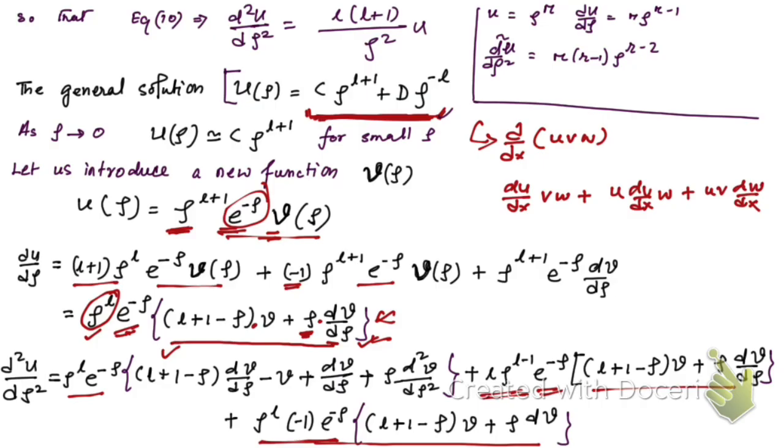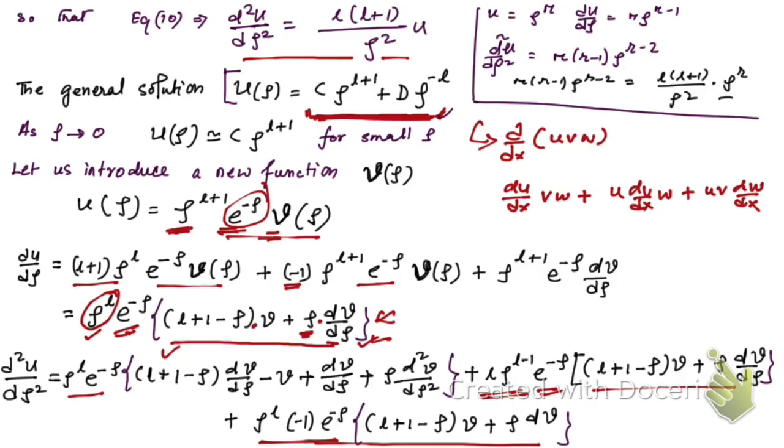Now you see, if we use this results in this differential equation, then what we're gonna get? Then we're gonna get r into r minus 1 rho to the power r minus 2. So this is equal to this one, right? And on the other side, we're gonna get L into L plus 1 by rho square. Instead of u, we're gonna write this, okay, rho to the power r.